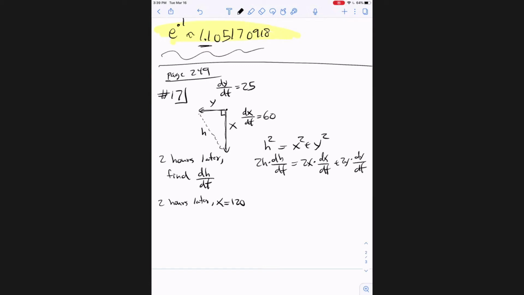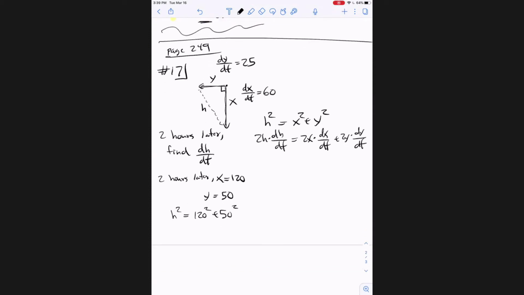Because you're going 60 miles an hour. So in 2 hours, x is 120. y will be 50 because that's 2 hours later if you're going 25 miles an hour. So what would h be? Well, h squared equals 120 squared plus 50 squared. And it's actually the 5, 12, 13 triangle. So h ends up being 130. You guys, are you familiar with the 5, 12, 13 triangle? Okay.